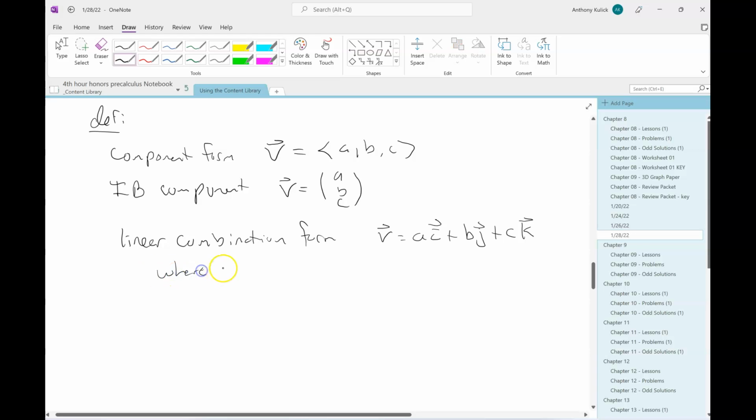Again, remember that the vector i is just the vector 1, 0, 0. j would be the vector 0, 1, 0. And the vector k would be the vector 0, 0, 1. Those guys were called, again, the standard unit vectors.